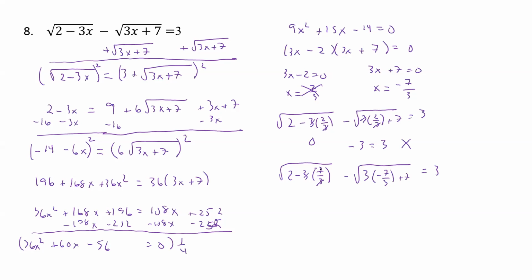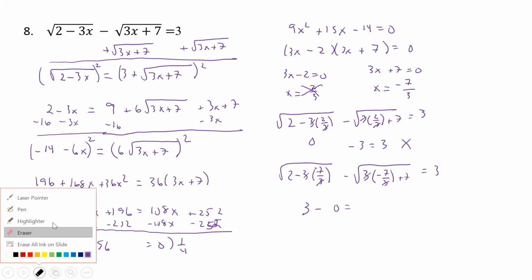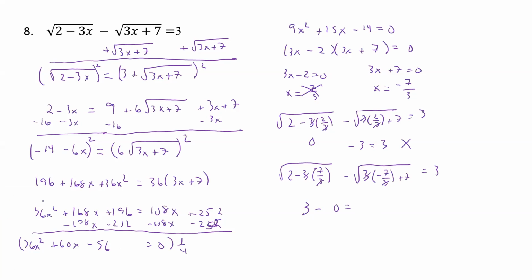And a minus is plus, so 7 plus 2 is 9. So square root of that's 3 minus. Now cancel that. We have minus 7 plus 7 is 0. So that's equal to 3, not that. And that's equal to 3. That one works. And so then our solution is negative 7/3. Okay?